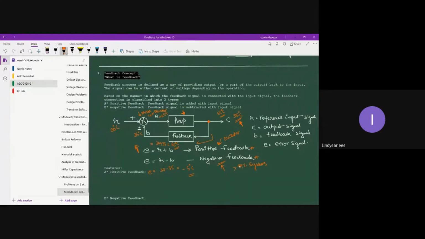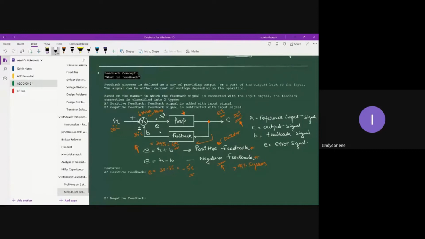Now let me go to the second type of feedback. If your air conditioning system had negative feedback, then what would have happened? The error signal would have been minus 5 degrees Celsius.